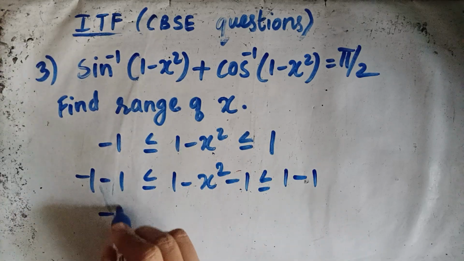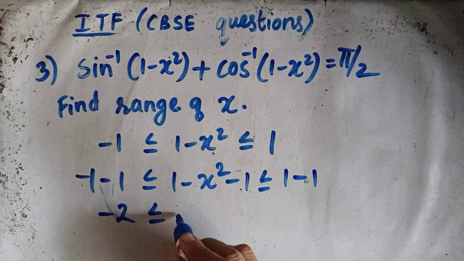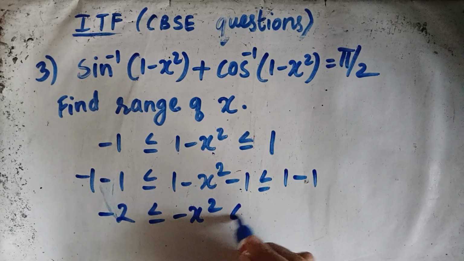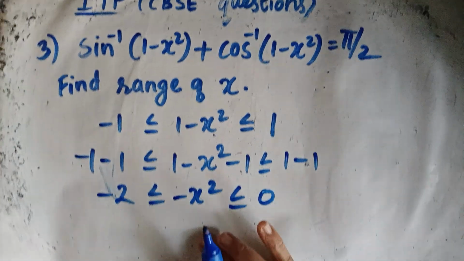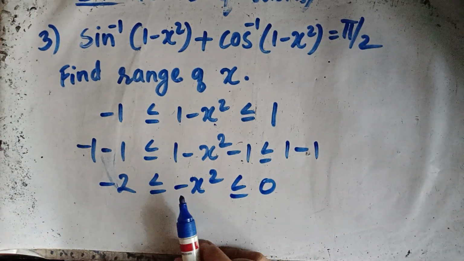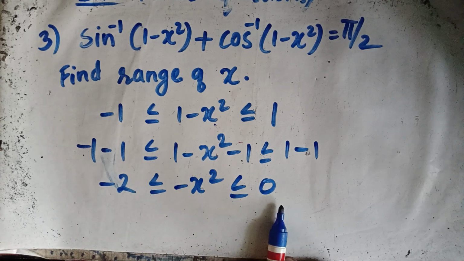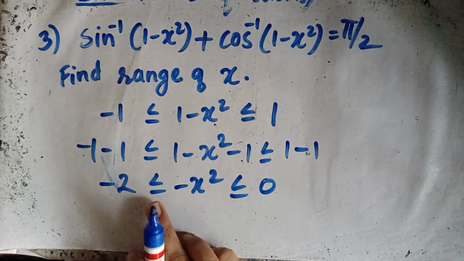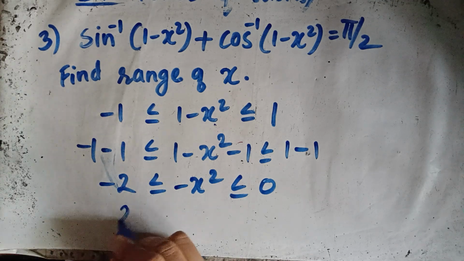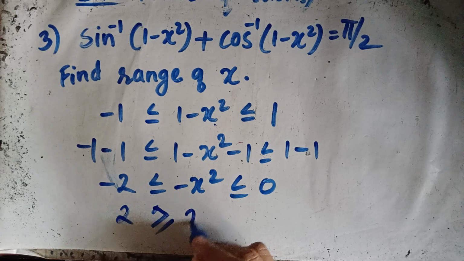So this is minus 2 less than or equal to minus x square less than or equal to 0. Then you have to remove this negative sign. Whenever we multiply an inequality by a negative sign, the inequality changes. So it becomes greater than or equal to.